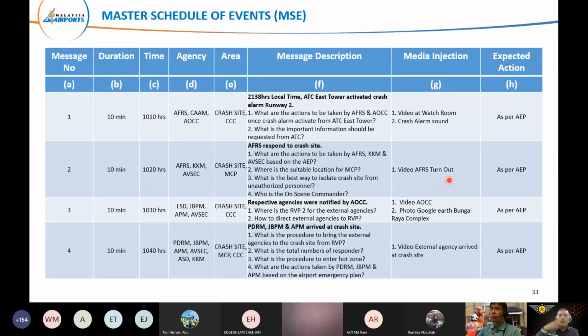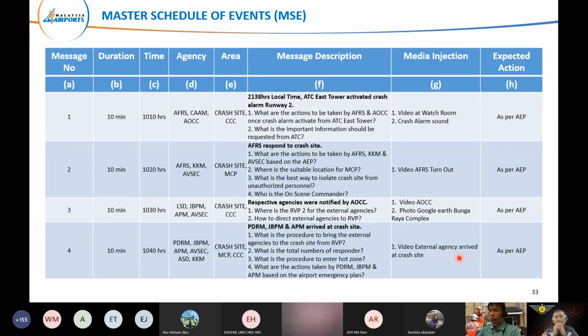Message number 2, video on AFRS turnout with the fire vehicles. Message number 3, video of the situation at the airport operation control center and some photos of our VVIP complex. And the last message, for example, video regarding external agencies arriving at the crash site.